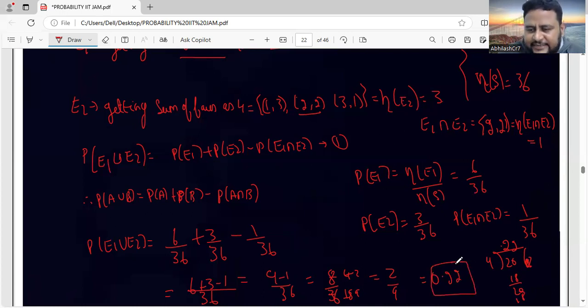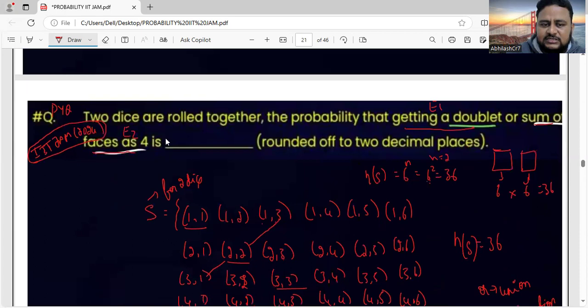Suppose in the next decimal you are getting 5 and above, then you have to write 0.23. If you're getting less than 5, you keep it as 0.22. Here you will keep getting 0.22222, so we have to reduce it to 2 decimal points. So the answer here is 0.22.